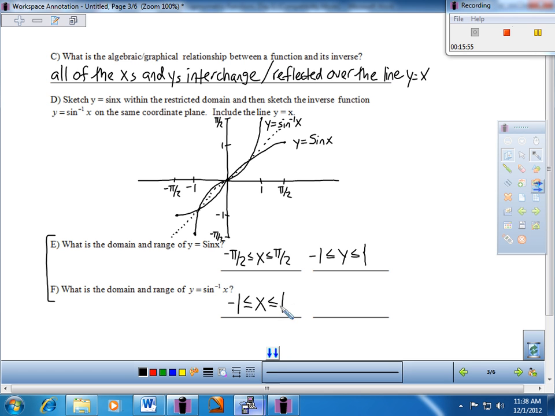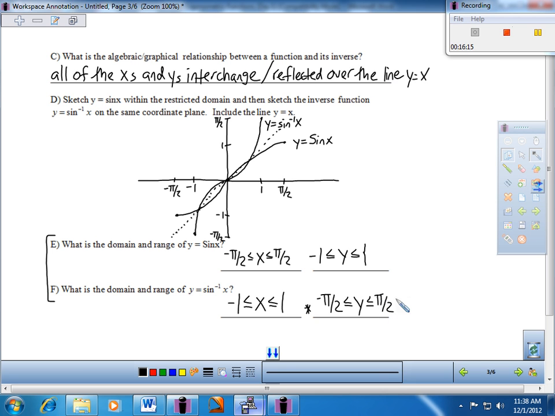When I talk about the inverse, the inputs are the ratios. The outputs, everybody, and this is going to be the key. So if you don't mind, put a little asterisk next to this one. This is the key. My answers, my outputs, will always be in between negative pi over 2 and pi over 2.